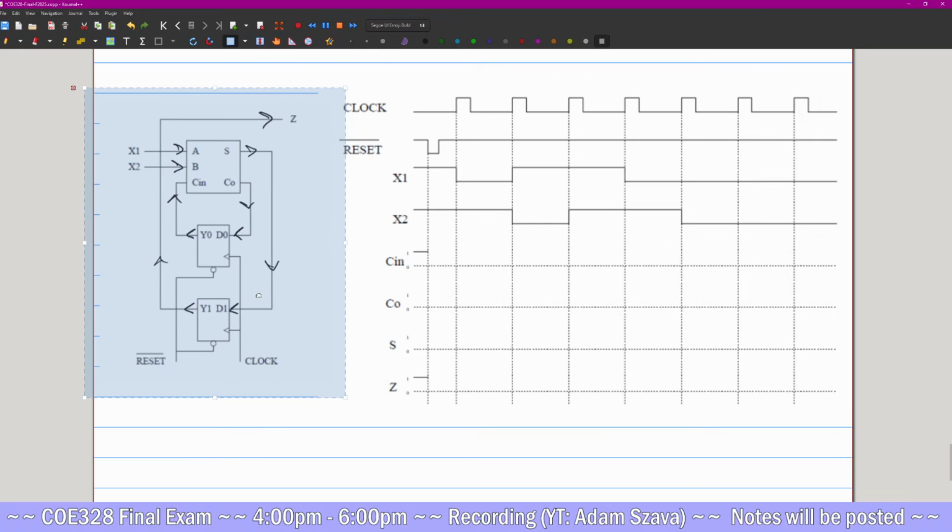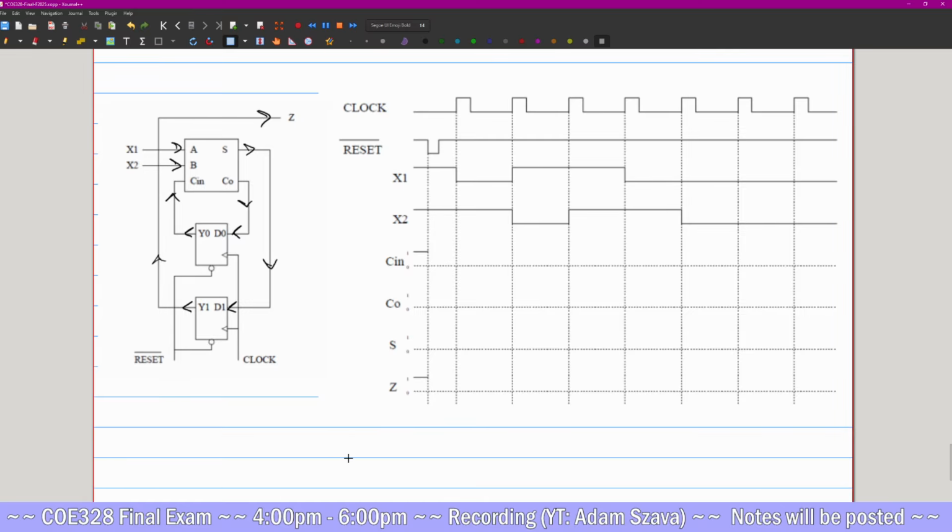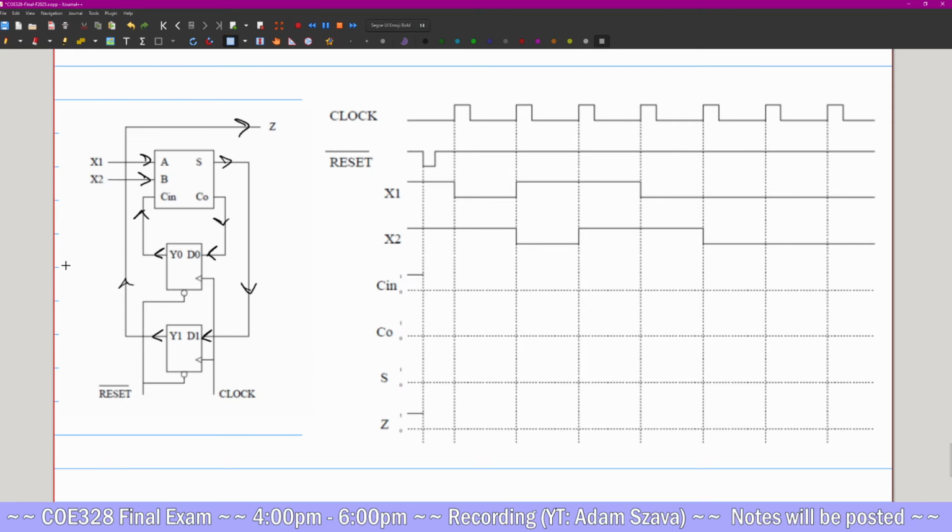We can see everything, and I don't have to scroll so much. So work with me here. Let's try to do some of this together and see what we can come up with.